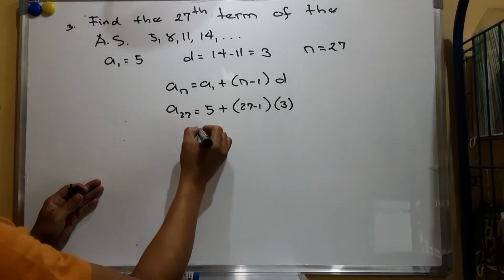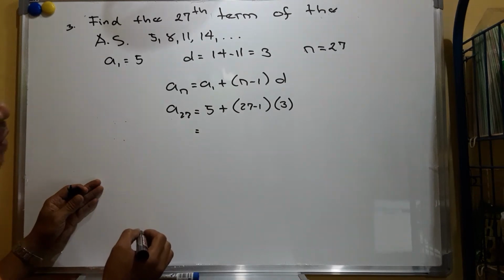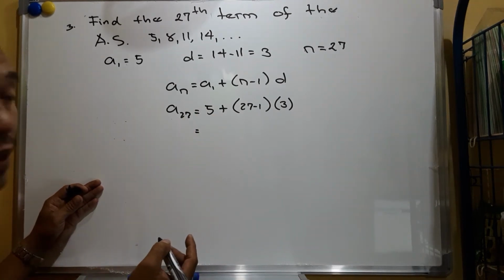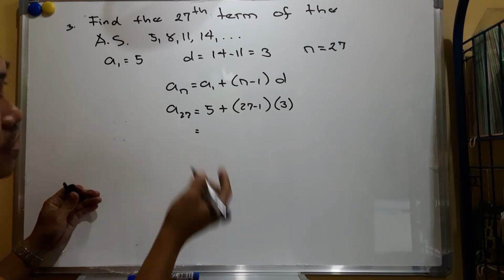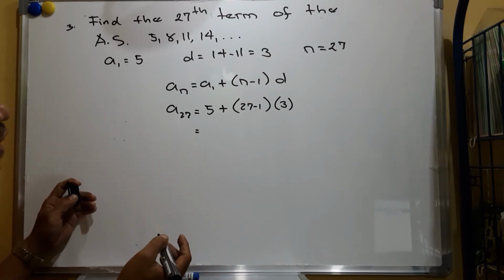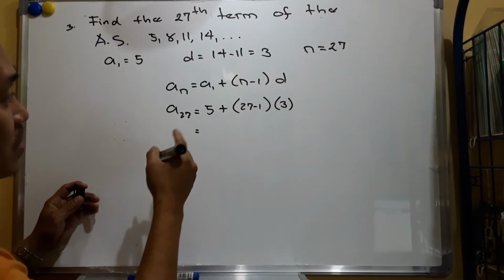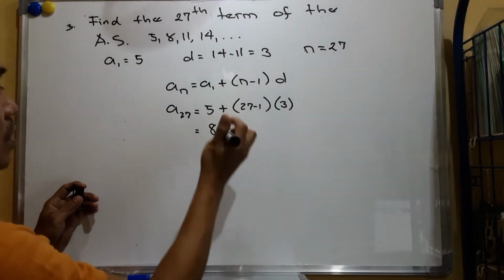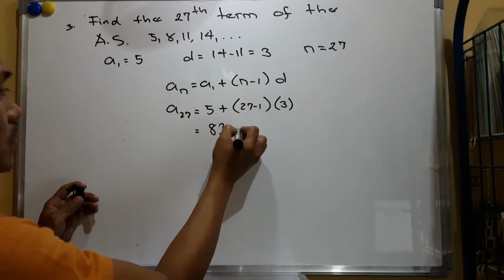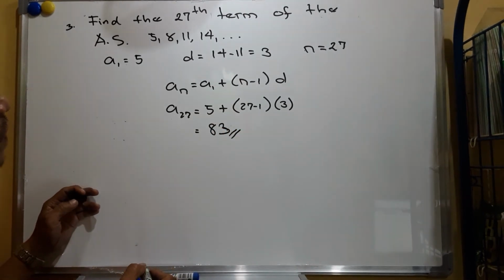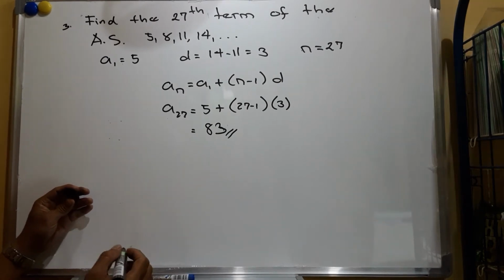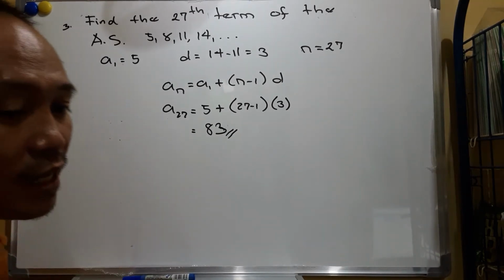I think you can calculate it mentally. 27 minus 1 is 26 times 3 is 78, plus 5 is 83. So therefore, the 27th term in the arithmetic sequence 5, 8, 11, and 14 is 83.